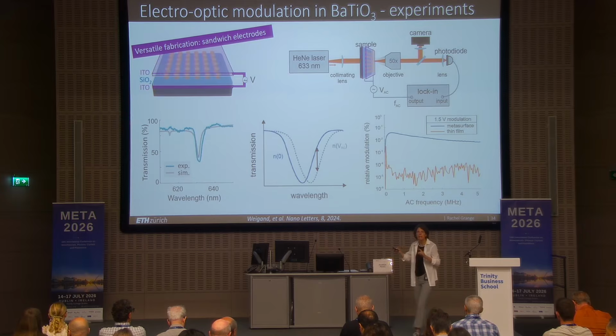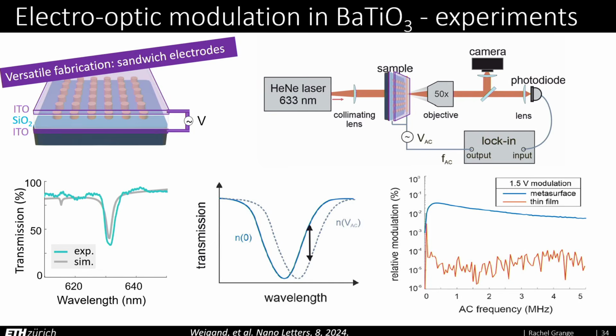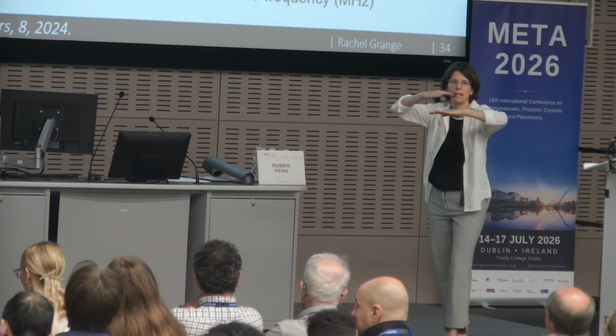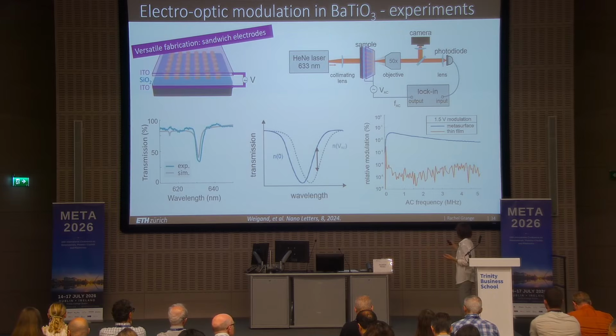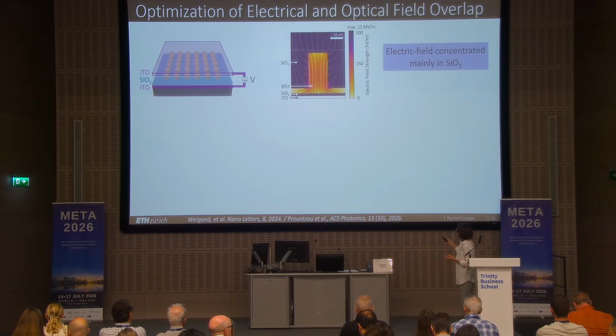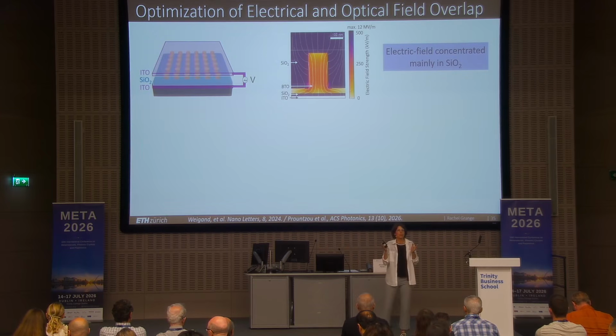And before, in the structure where the electrodes were around the material, it was more like 10 to the minus 3 to 10 to the minus 4. So we gain 1 to 2 orders of magnitude by placing the electrode much closer to the material, which is logical, right?